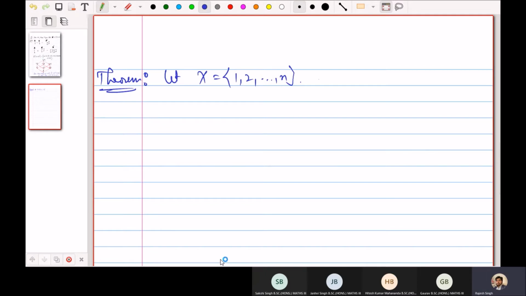Let X equal this, and show that there is a map phi from P(X) to 2 to the power n, defined as follows.